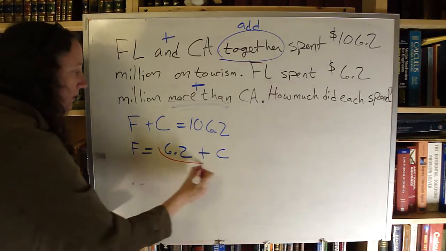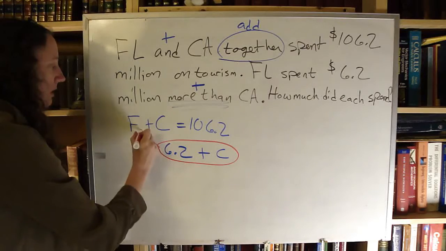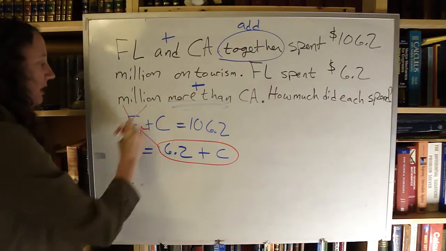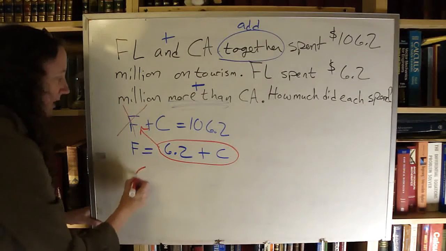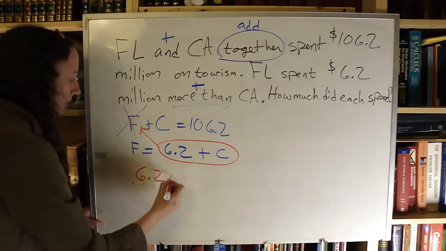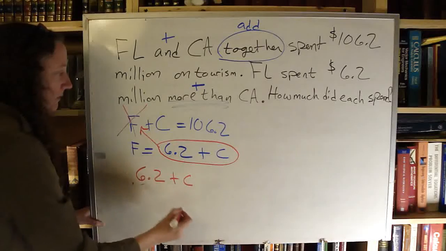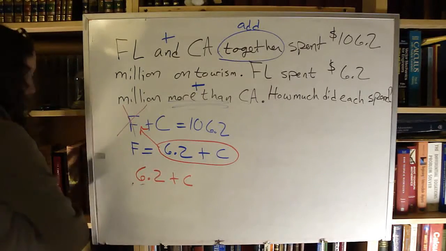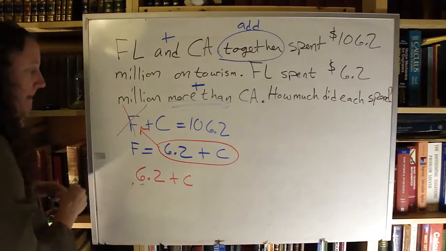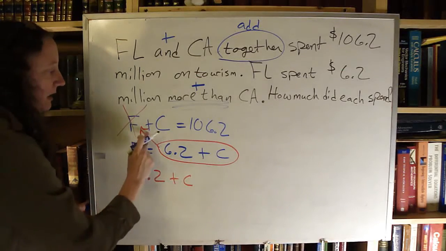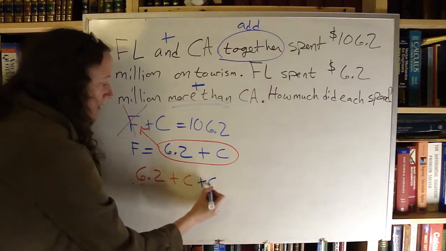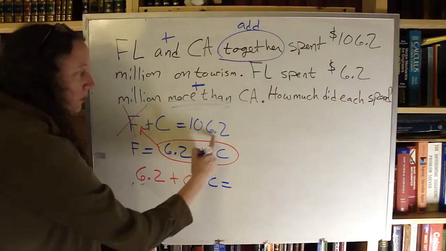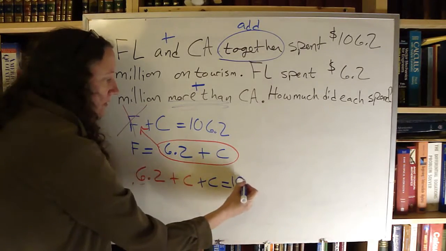So this is going to go in there, and I'm going to get rid of that. So I have 6.2 plus C. That's replacing the F there. And then I have this other plus C equals 106.2.